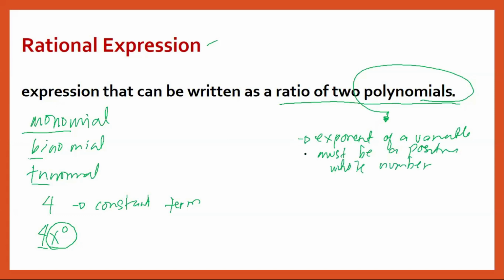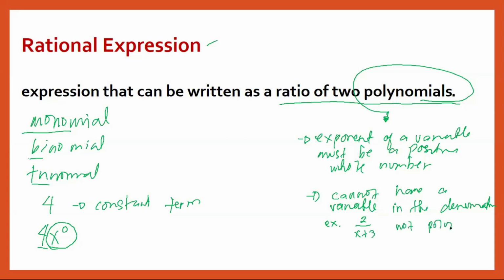So it should not involve negative exponents or hindi rin pwede yung fraction na exponent. Next, it cannot have a variable in the denominator like this one, say 2 over x plus 3. It's not a polynomial kasi merong variable sa denominator.